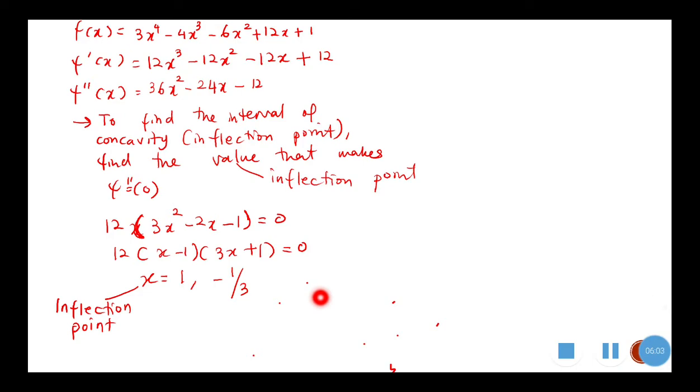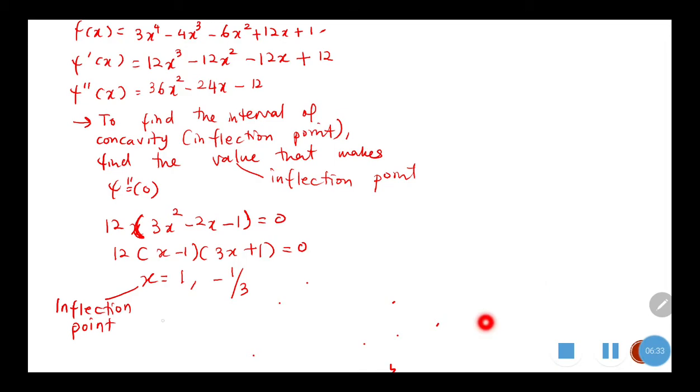To find the interval of concavity, we need to find the value of the inflection point. So how do we find the value of the inflection point? We have to differentiate the original function twice and then set it equal to 0.